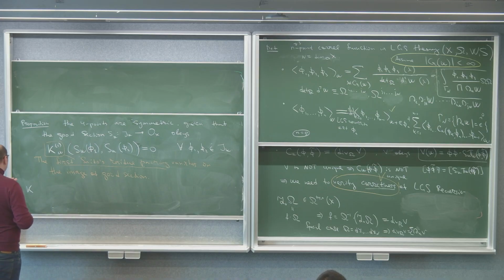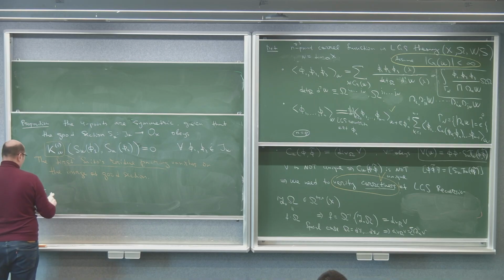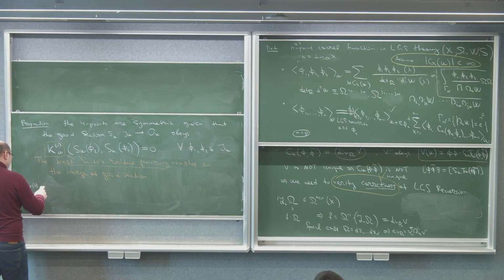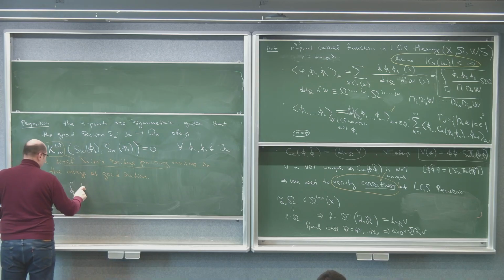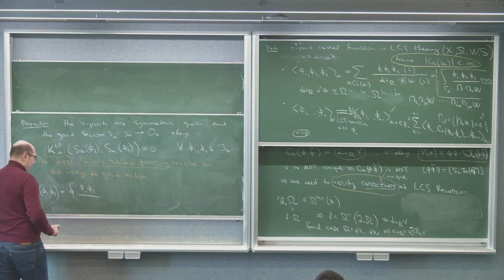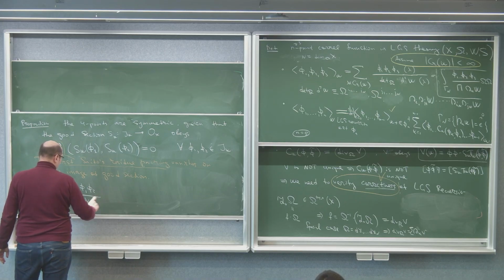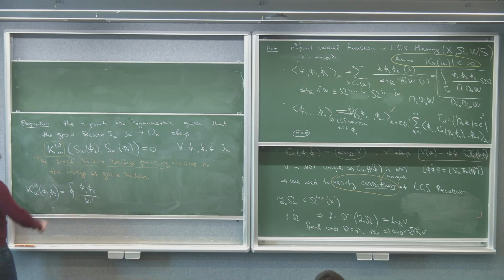So there is a way to use this residue formula to define a pairing on holomorphic functions. And this pairing is what is denoted by K0, and in the one-dimensional case, the pairing has two arguments, phi1 and phi2, and it is given by the following formula. So we just multiply phi1 and phi2, and then divide by W prime, and take this residue integral over some contour that is far away to enclose all zeros of W.